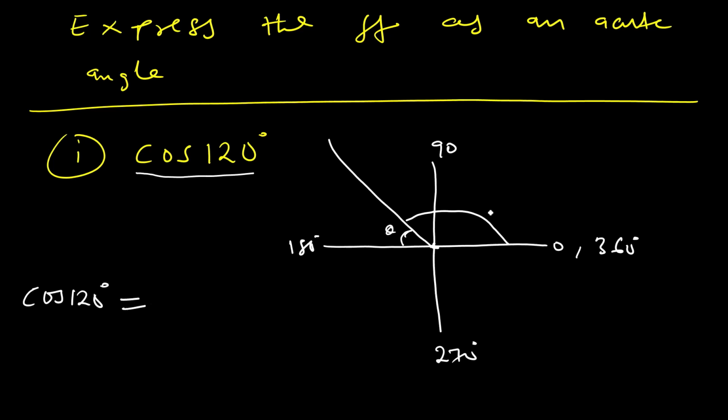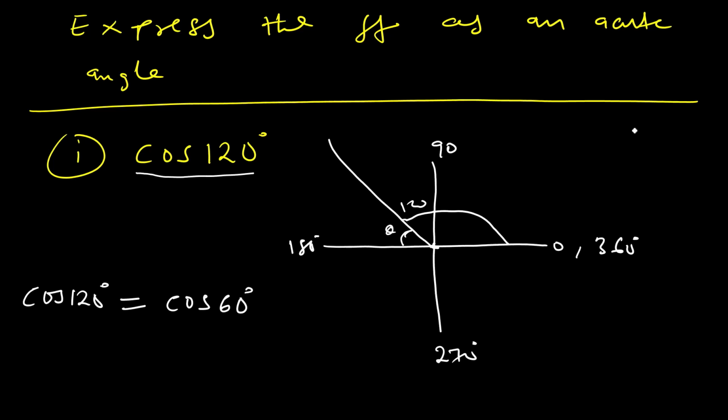We know from here to this side is 180, and we've measured 120 degrees. 120 plus what value will make this side complete? 120 plus 60 will make 180. So the acute angle here is cos 60.